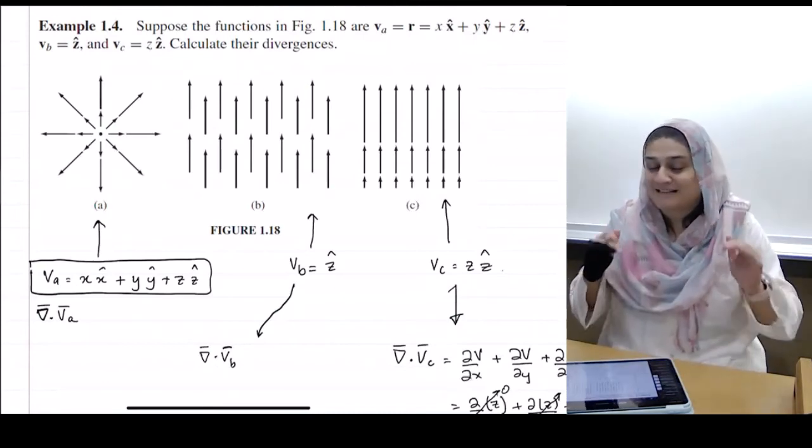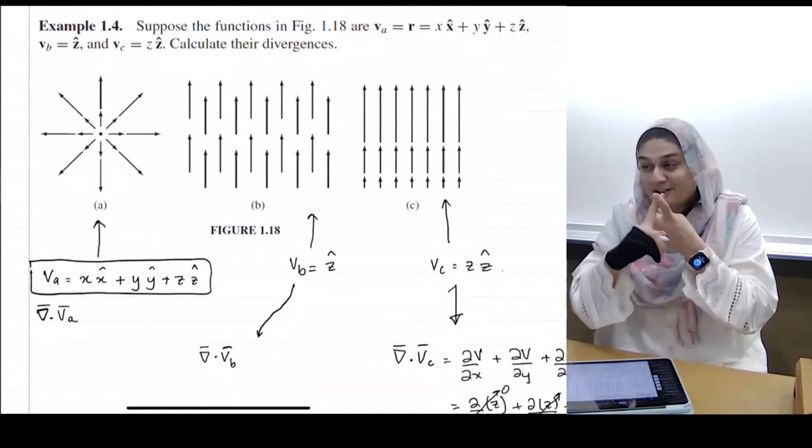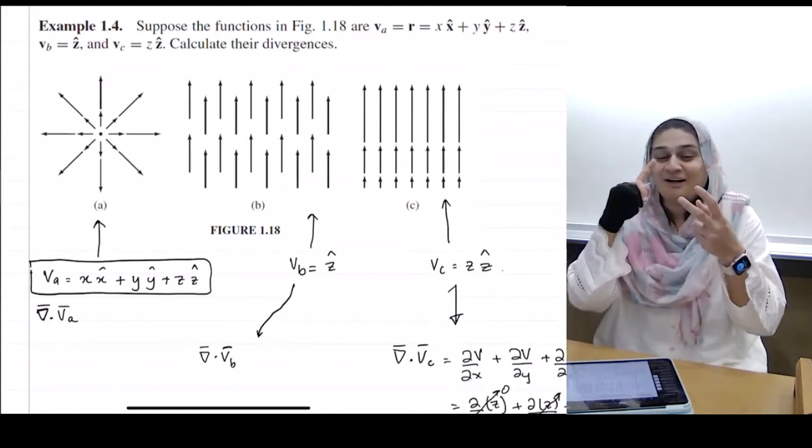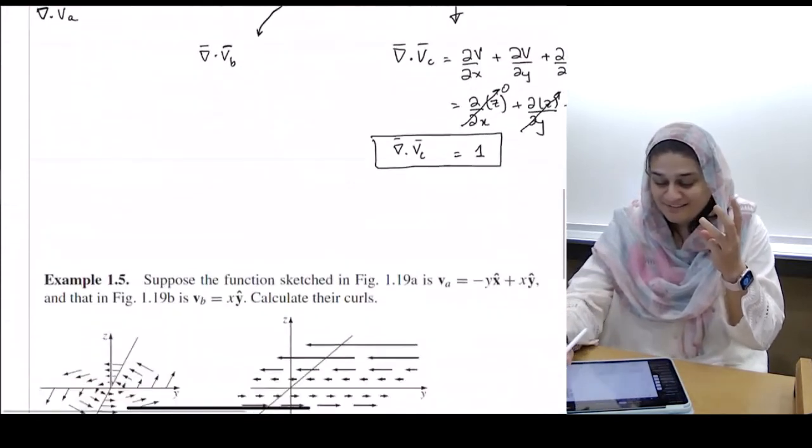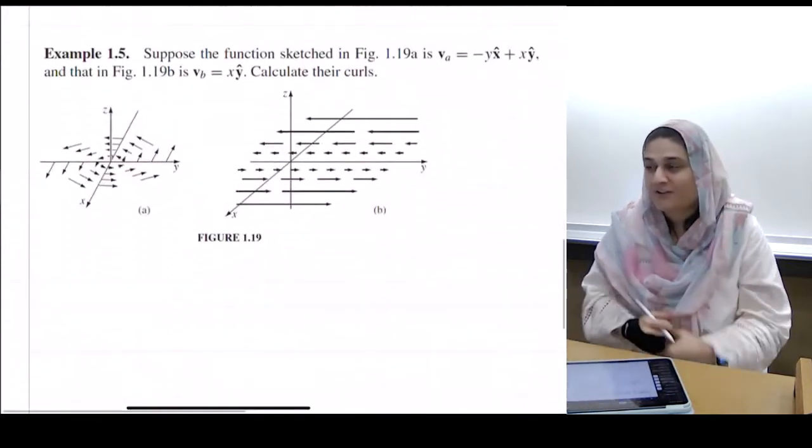Okay, absolutely last thing. So we did divergence, we did gradient. What was the last thing left? Curl.